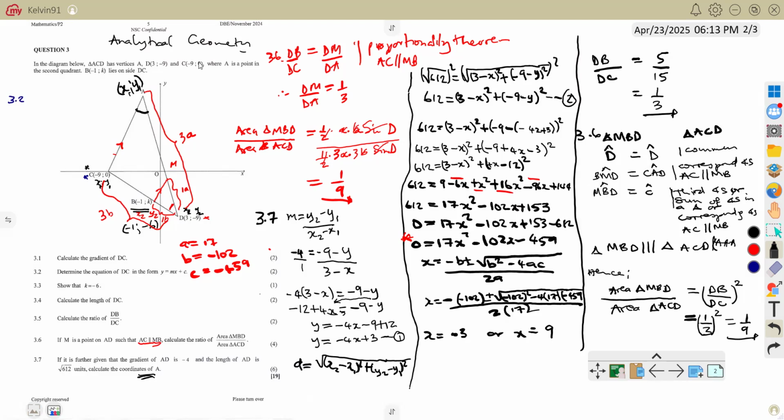But if you check from the primary statement, we are told that A lies in the second quadrant, and in the second quadrant, the x value is negative. So it means we take the negative value; the positive value is in the first quadrant. So our A is going to take this value. Then from that value, you now have to check the Y value.